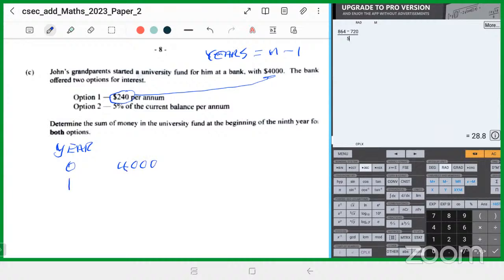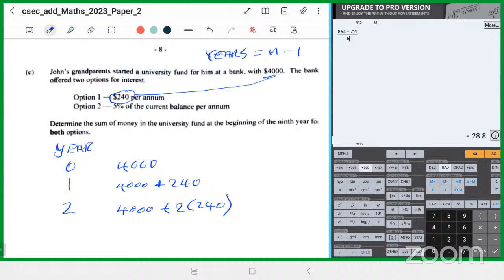After 1 year, it has gone to 4,240, or 4,000 plus 240. Year 2, you'd have added this 2 times. So after 2 years, it's 4,000 plus 2 times 240.